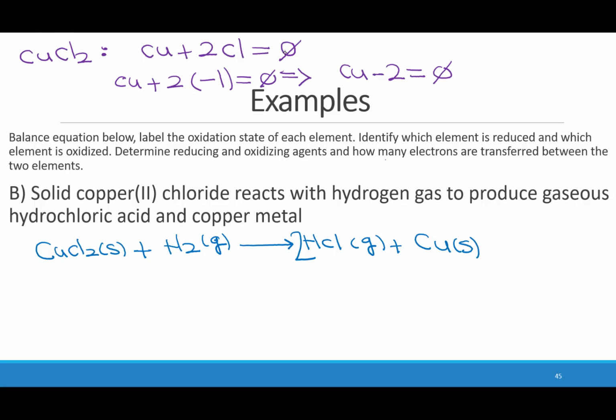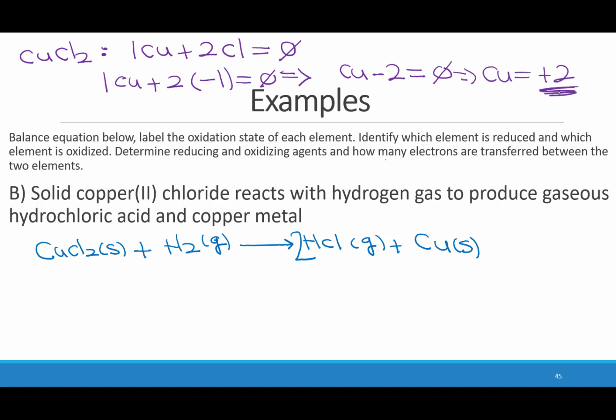That's why the sum of charges is 0. You don't know the charge for copper. That's just only 1 copper. You do know the charge for chloride, it's in group 7, it's -1. Okay, then if you solve it, copper minus 2 is 0. That's why copper is +2.